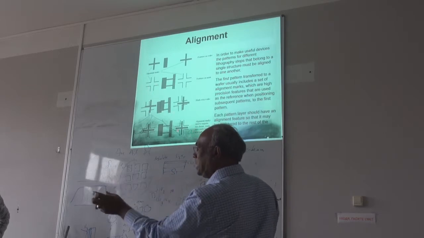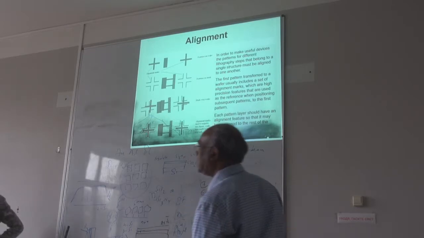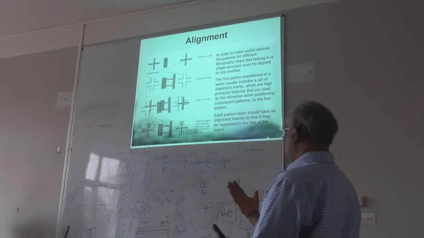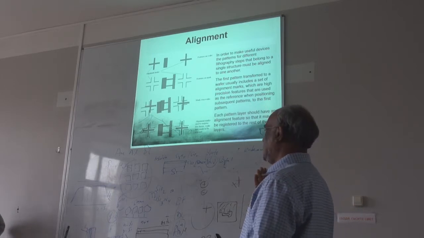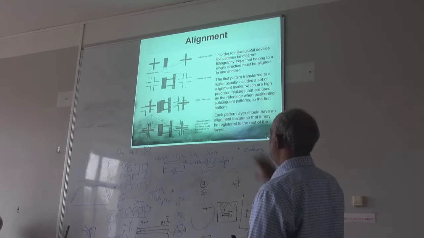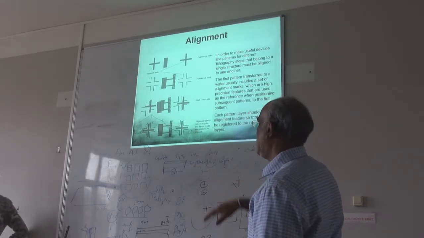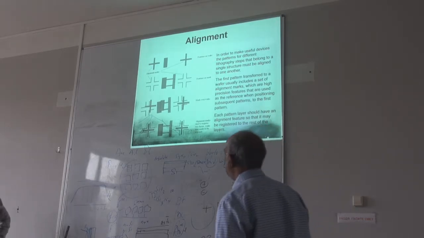Then like you said, either wafer or mask you can turn to make it exactly like this. If you do this, you can see it on the computer screen, or a microscope. So then once you do this, now you know they are nicely aligned. Then you can do whatever the next step is.